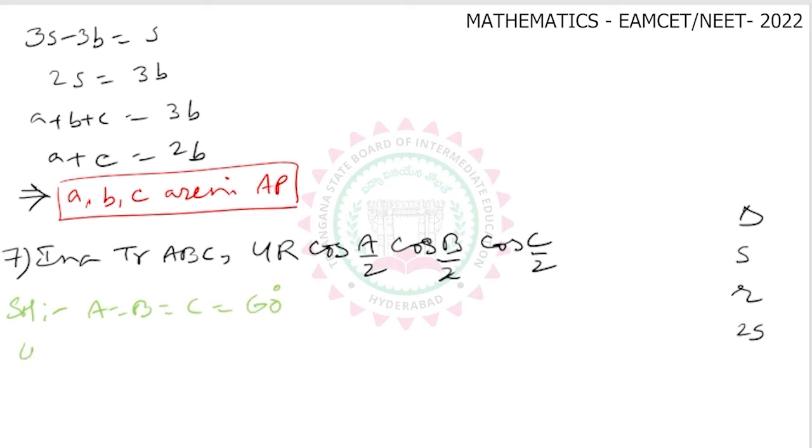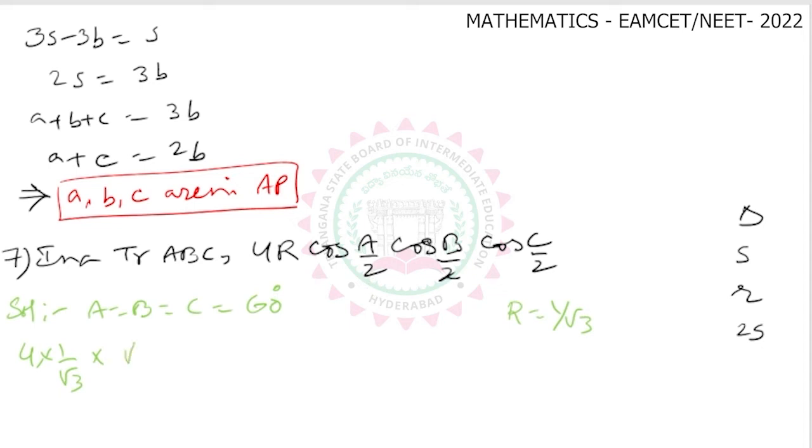So, 4 into R. Now, I have been given the value of R also. What is the value of R? R is equal to 1 by root 3. So, 4 into 1 by root 3 into cos of A by 2, A is equal to 60, 60 by 2 is 30.